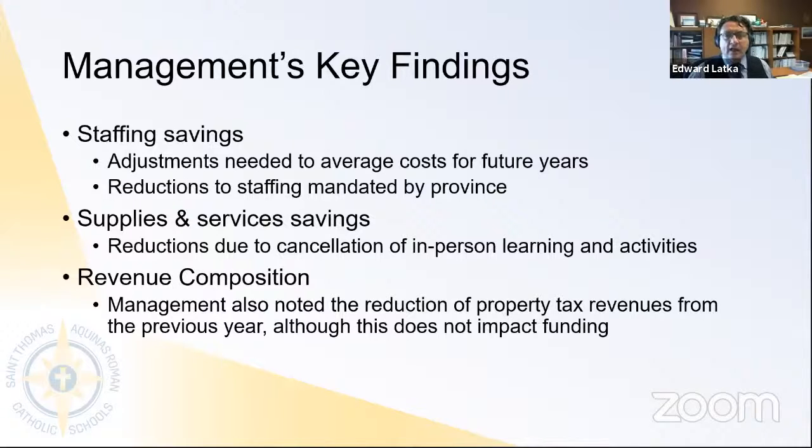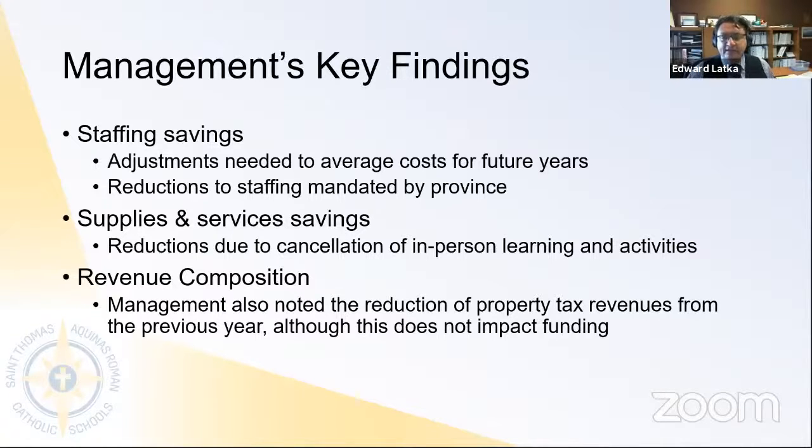One of the things reviewing our financial statements that we also identified is that our revenue composition was significantly different in terms of the property tax revenues that we had budgeted for in comparison to the previous year. The one thing is that the property tax revenue differential doesn't impact our funding.